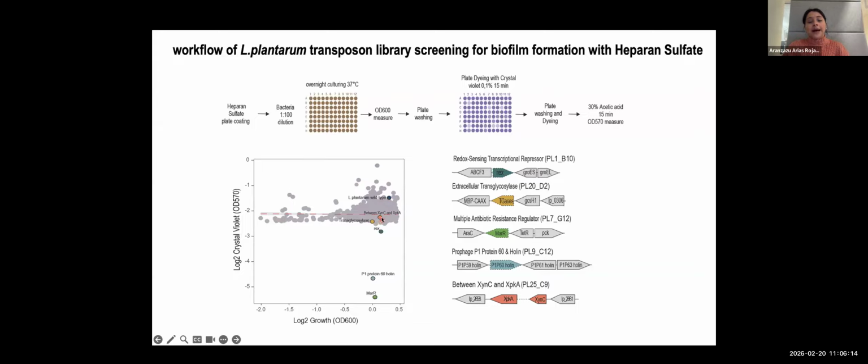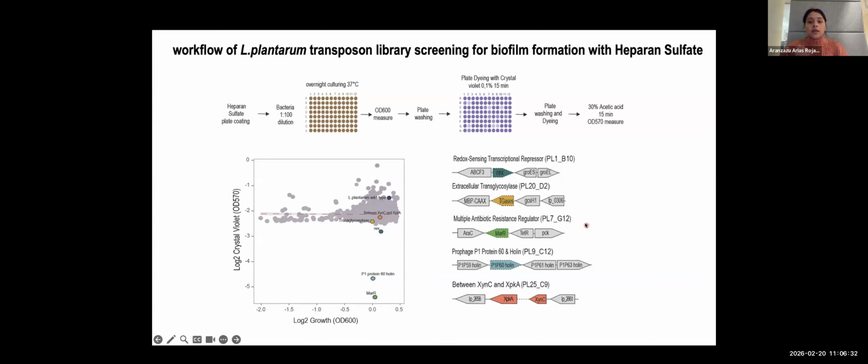We then validated most of these candidates in vitro and then in vivo to see whether they were important for the colonization of Lactobacillus during infection. And then we came across these five candidates.